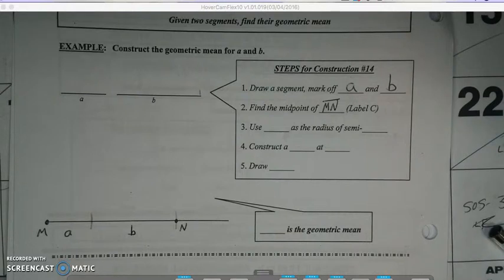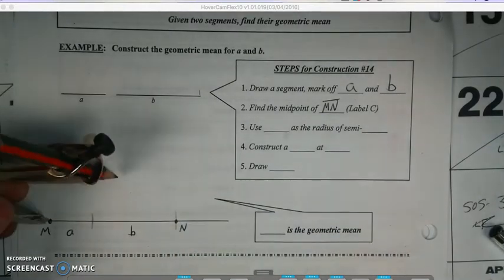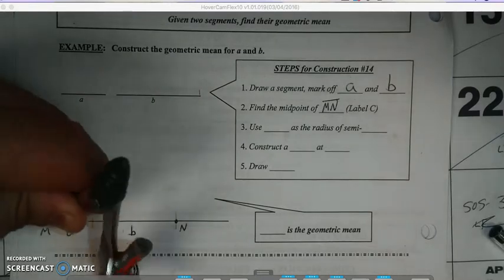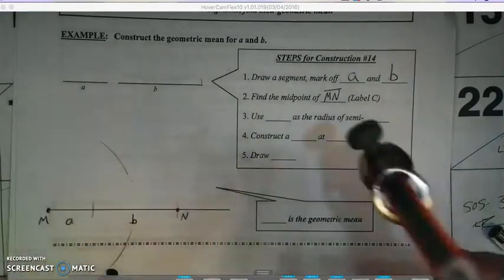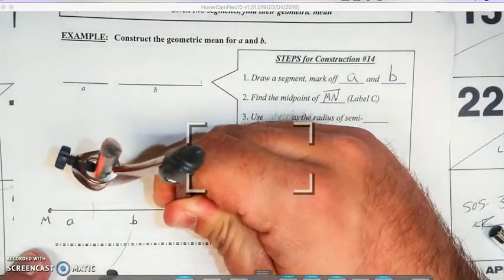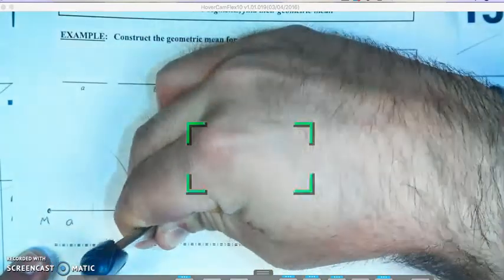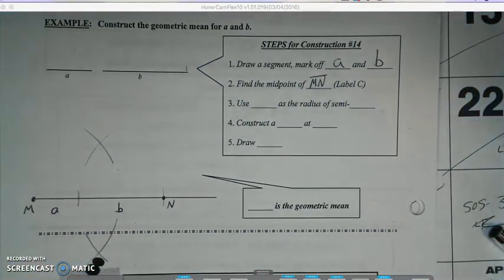To find the midpoint, remember we go to each corner. We open up more than half, draw arcs above and arcs below. Go to the other side, draw arcs above and arcs below. This is going to help us find the midpoint.